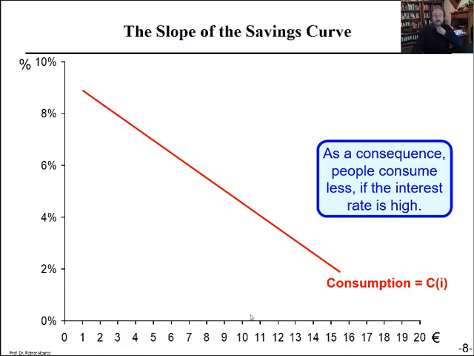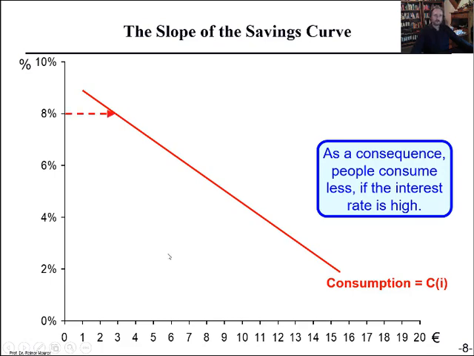The result of these considerations is that in such a diagram where we measure on the y-axis the interest rate and on the x-axis volume of consumption, the consumption function will have a negative slope.